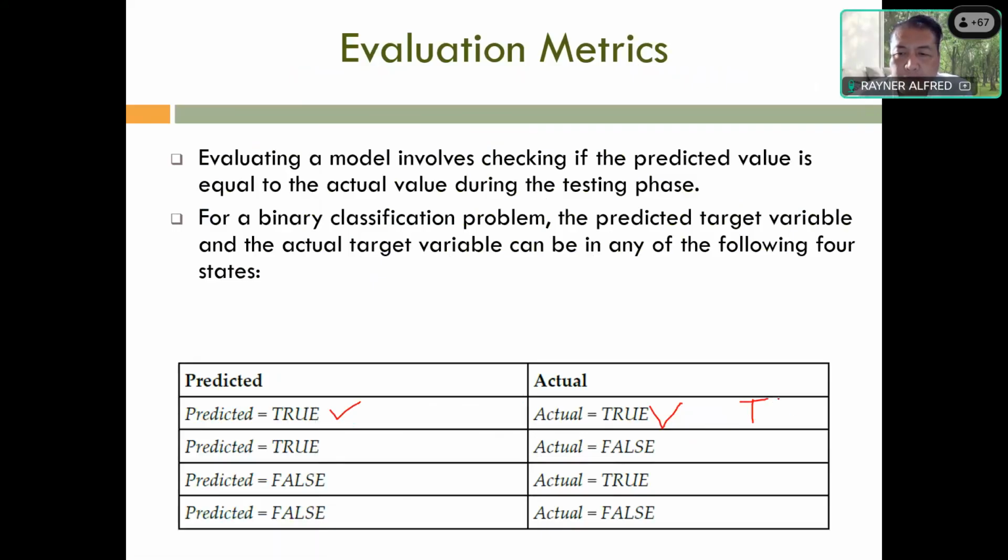If the actual is false but you predict them as true, this is false positive. If the actual is true but you predict them as false, this is false negative. If the actual is false and you predict them as false, this is true negative. We use these to build the accuracy.